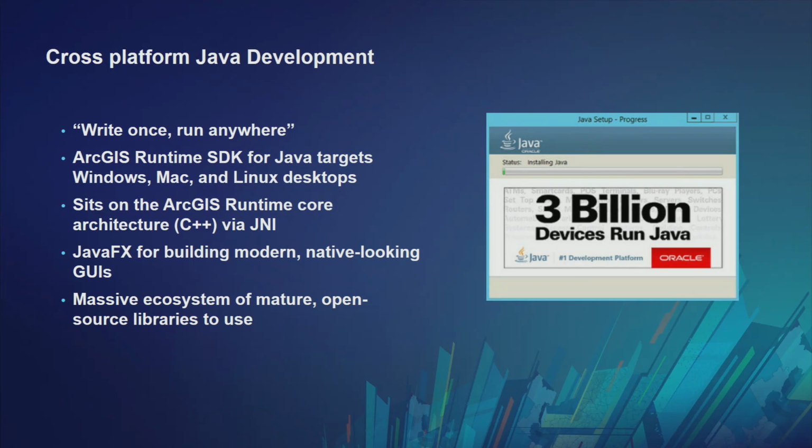So as far as cross-platform Java development goes, Java was actually created for this very purpose, to be deployed anywhere. Sun Microsystems actually coined the phrase write once, run anywhere. So it's baked into the language for sure.